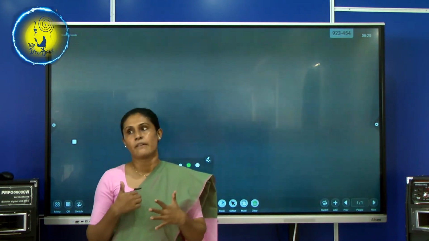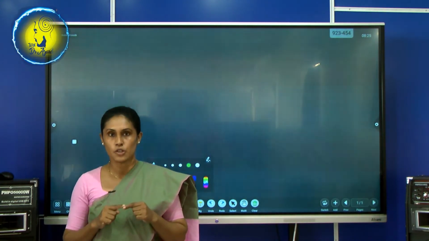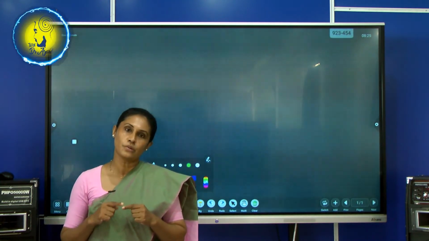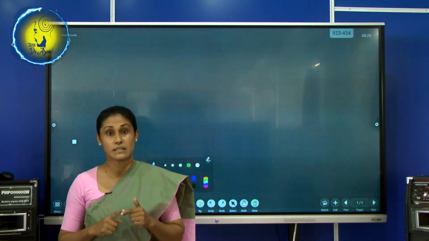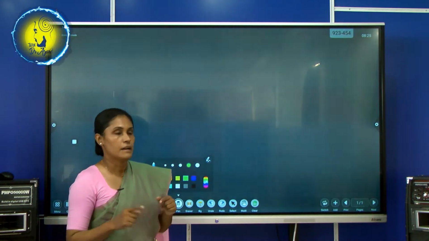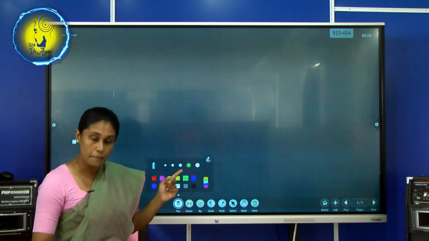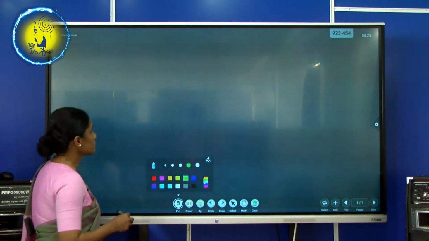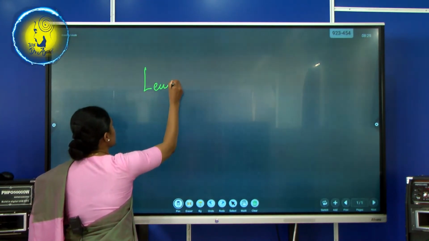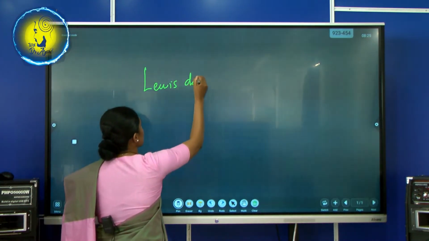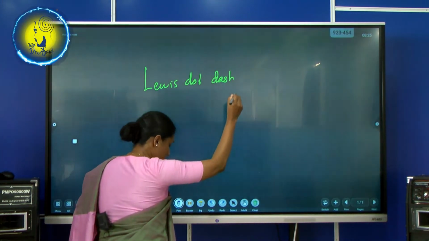In the table there are molecules and ions, and I have shown you how to draw the Lewis dot-dash structure, right? After that, I want to explain more by giving examples of how to draw the Lewis dot-dash structure.